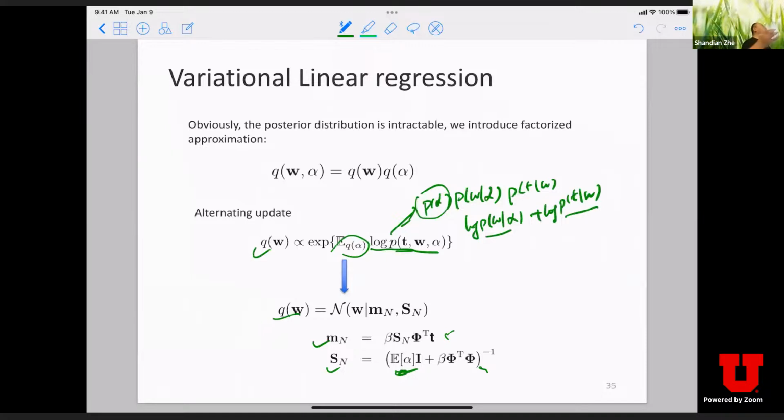When we put them together, you find that it is essentially just a combination of the first order term regarding W and the second order term regarding W. You take the exponential again, and according to the square completion trick we discussed before, it must be a Gaussian. That's how we get this Gaussian form update of the Q of W. Does it make sense? Any questions so far?